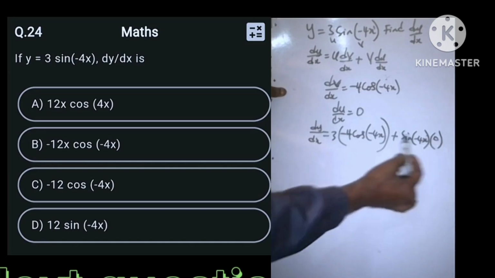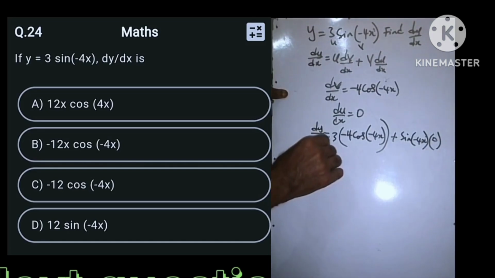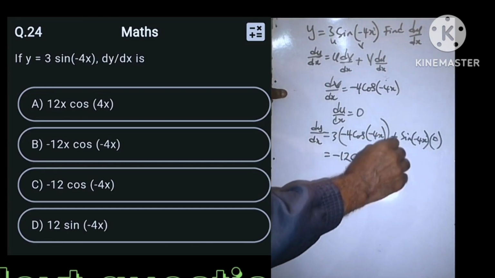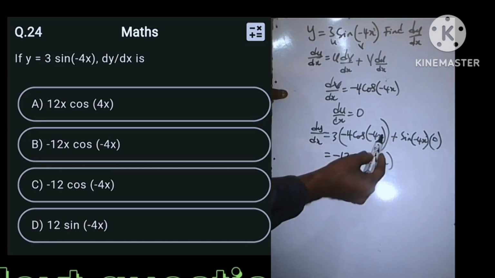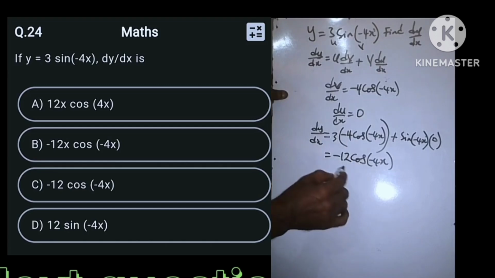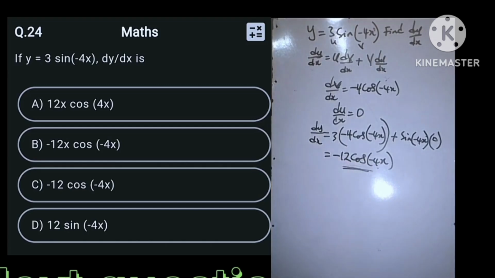So all this place is 0, it is gone. So what we have now becomes this times will give us minus 12 cos, bring down the minus 4x, because this 3 cannot multiply the number in front of the trig function. It will only multiply the number at the back. So this is the answer.